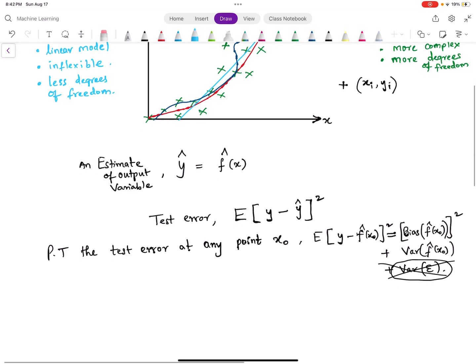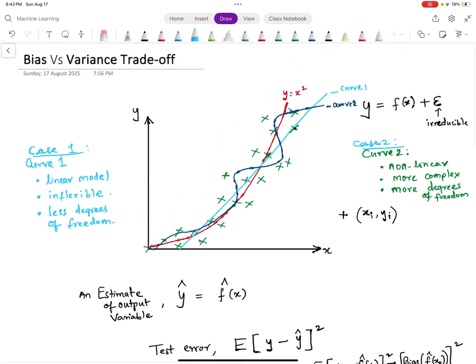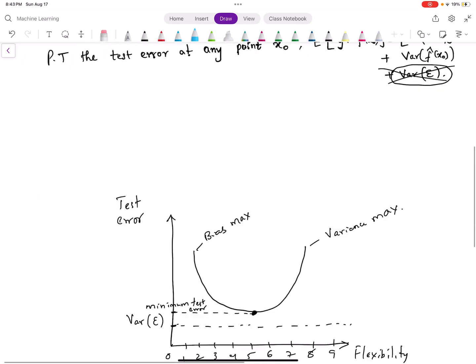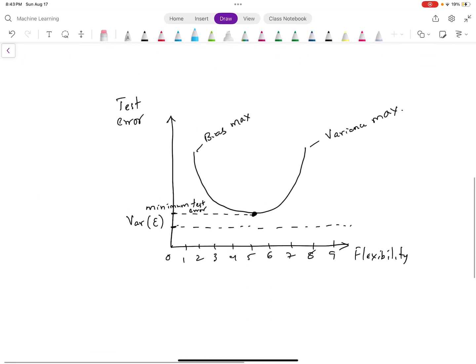Here, often the modeler has to choose something in between: a model that is not too simple and also not too complex. Let us consider this graph, with flexibility or degrees of freedom of a model on the x-axis and the testing error on the y-axis.